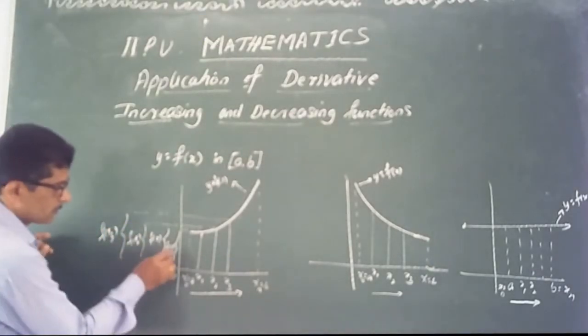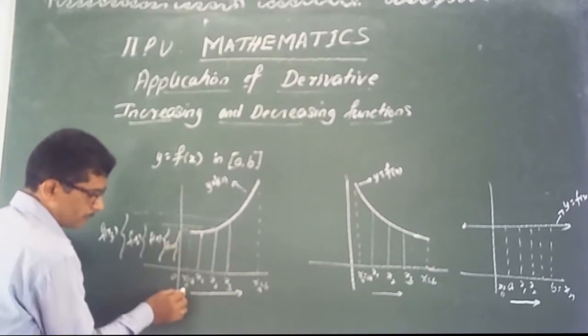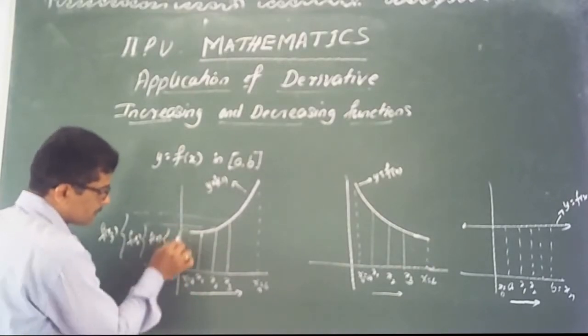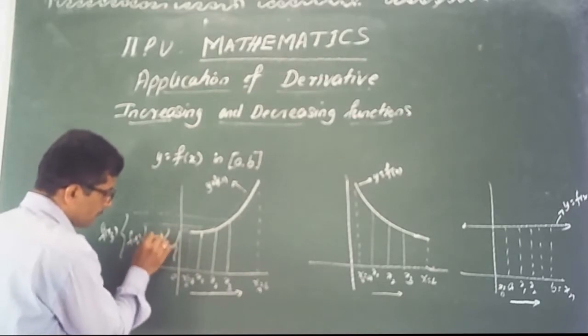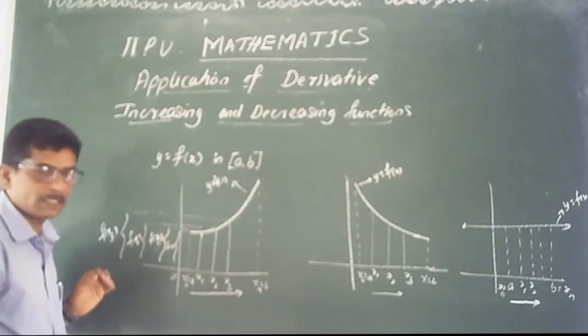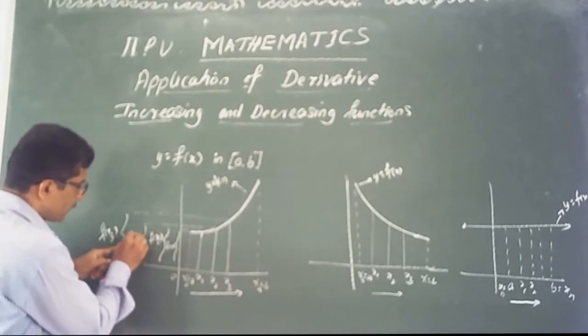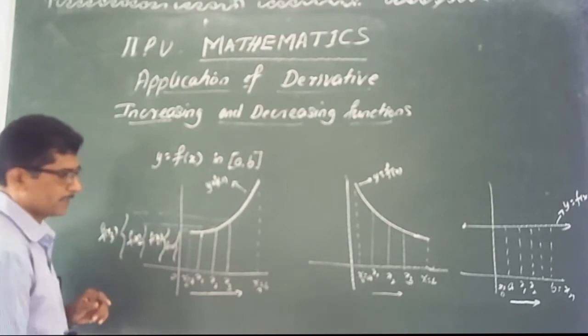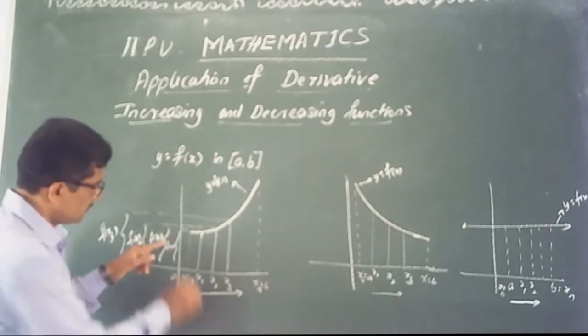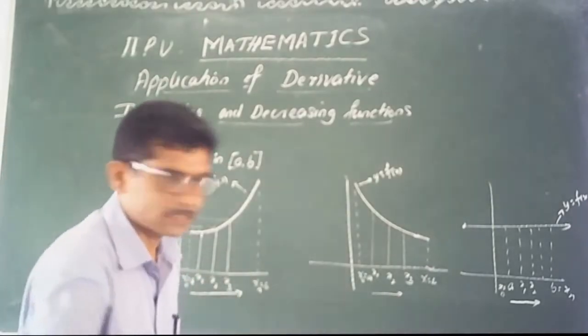Clear? This distance is f of a. This distance is f of x1. This value is f of x2. This value is f of x3. This value is y1, y2, y3 like this.